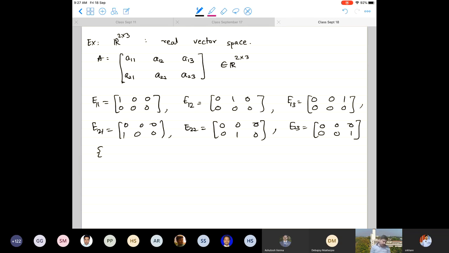So what can you think about this collection E11? The first question I want to ask is that suppose I call this collection set B, then is span of B equal to R^(2×3)?